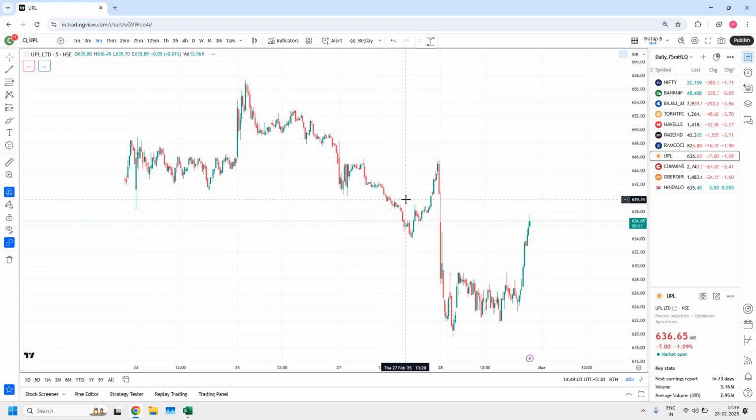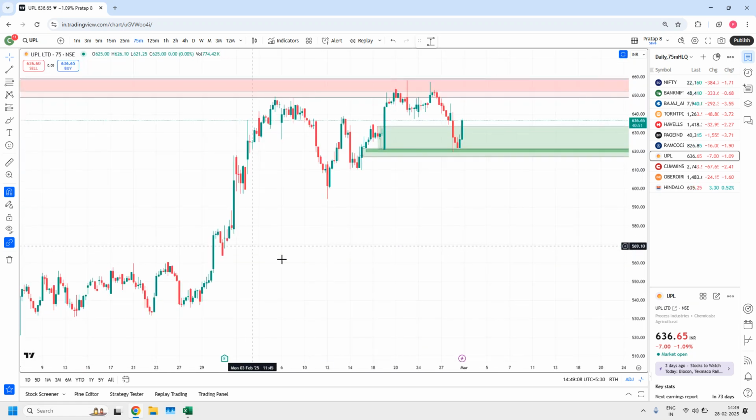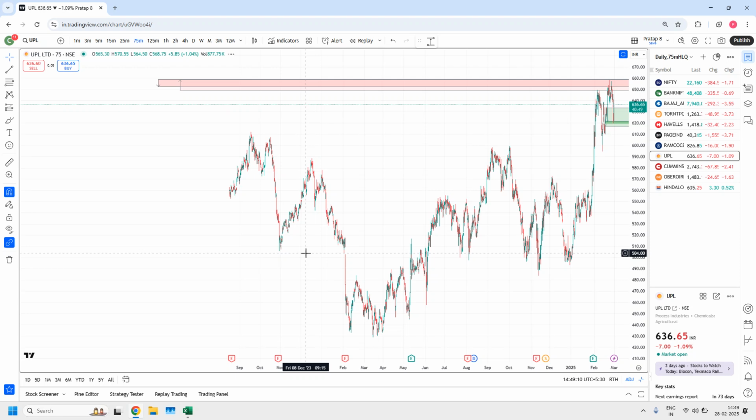And UPL. UPL is having a 75 minutes high liquidity zone, a supply zone actually. UPL is a supply zone trade.